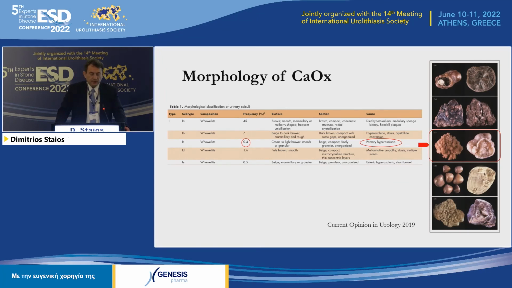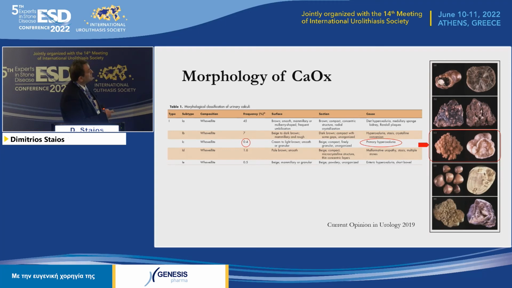Now the morphology of calcium oxalate monohydrate: it is cream to light brown with a smooth surface, and on the section we have a beige color, as we can see here.